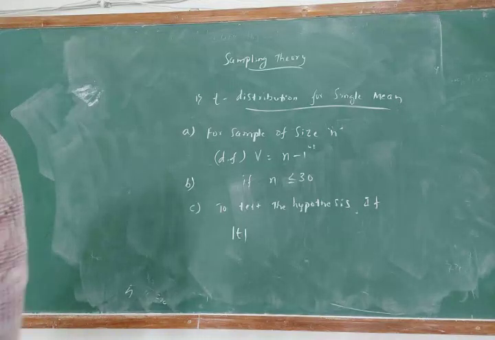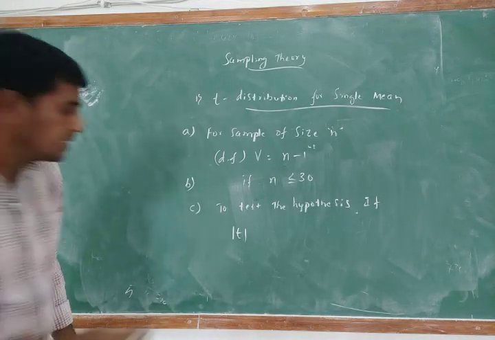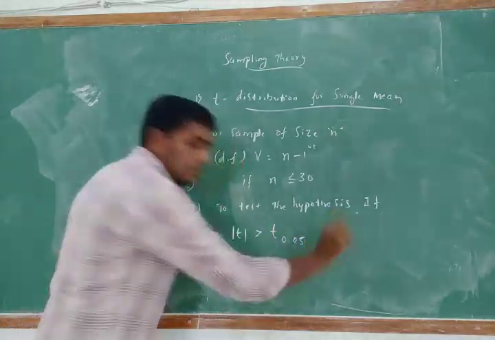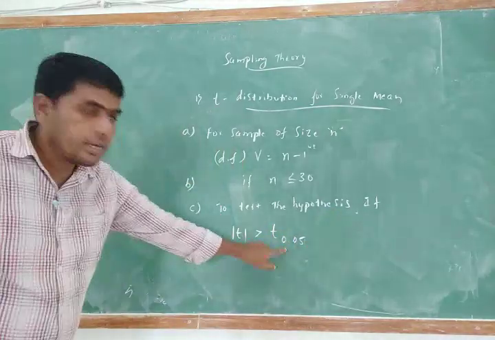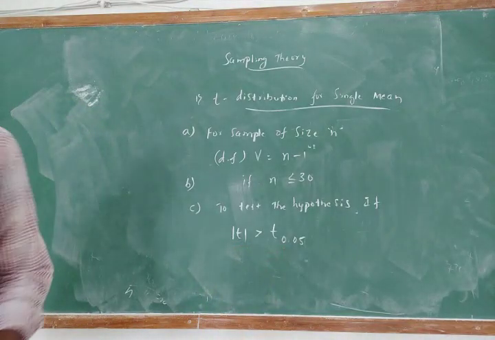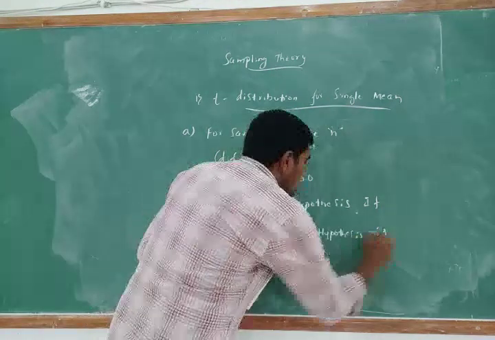This is also important. If mod t is greater than t of 0.05, that is the standard value, then the hypothesis is rejected.